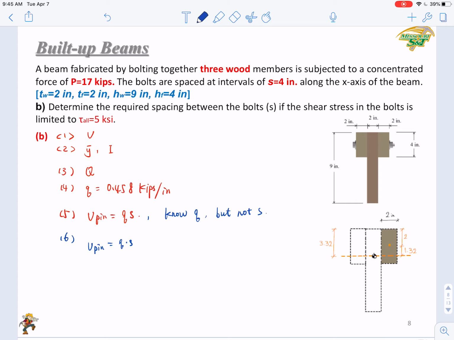and this value is smaller, not larger than the allowable shear stress times A pin. Right? We can easily get this equation.